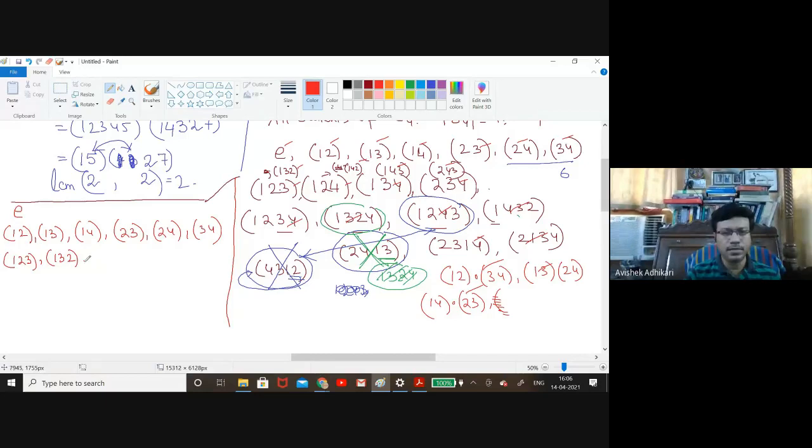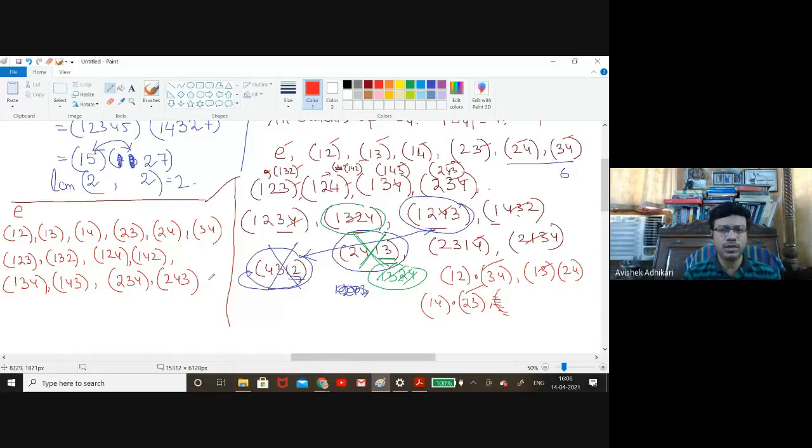Then (1 2 4), whose inverse is (1 4 2). Then we have taken (1 3 4), whose inverse is (1 4 3). Then we have taken (2 3 4), whose inverse is (2 4 3).